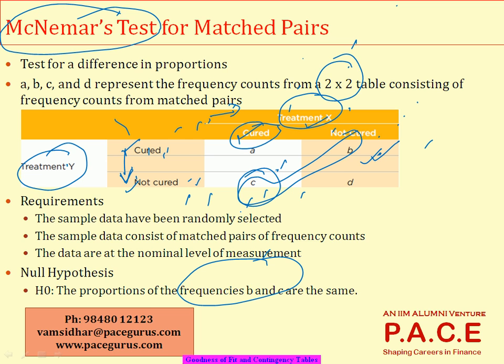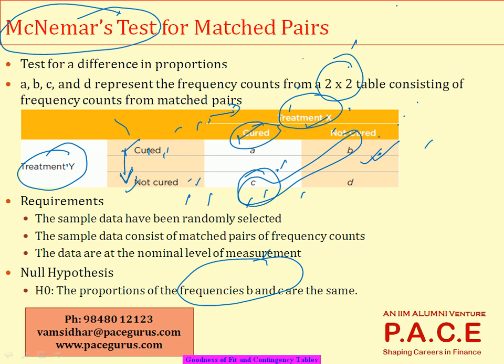One is yes, the other is no, because we are talking about the matching between those two, the resemblance between those two sets of variables. So wherever I want to do this kind of analysis, where one is successful whereas the other is not, and I want to see whether the frequencies of these two kinds of data sets are more or less the same, I can resort to McNemar's test for matching pairs.